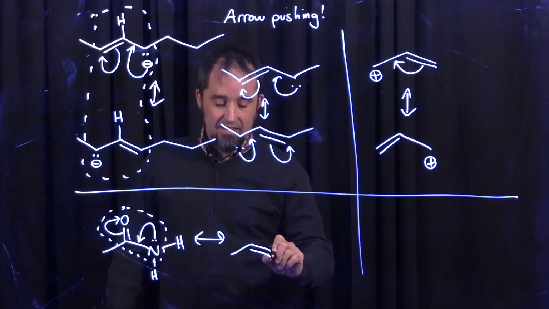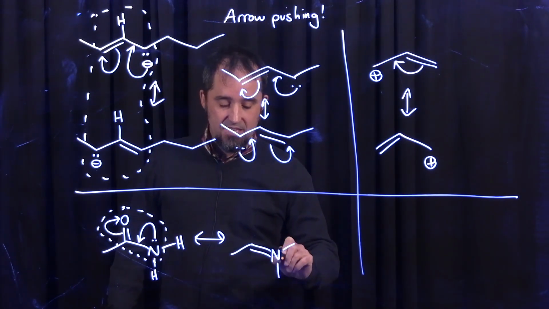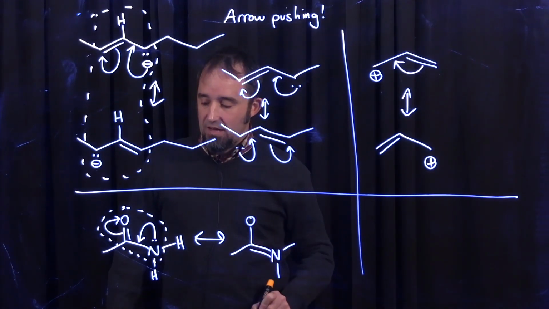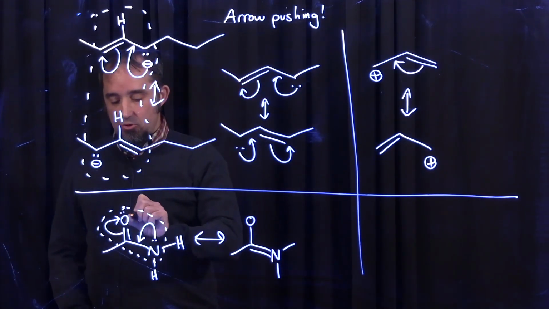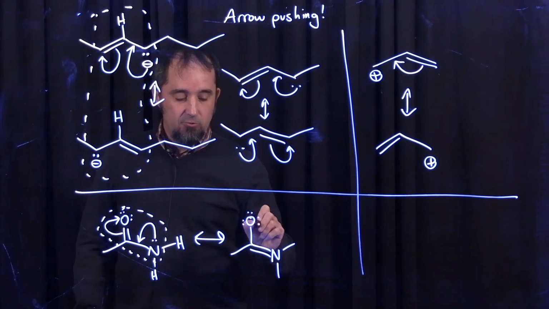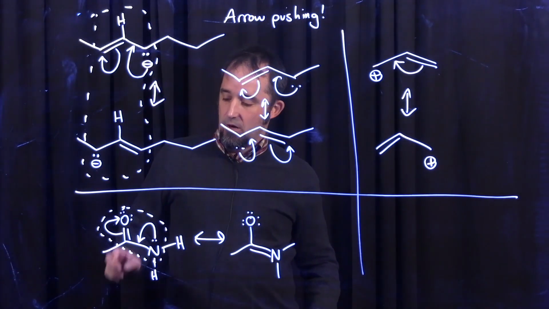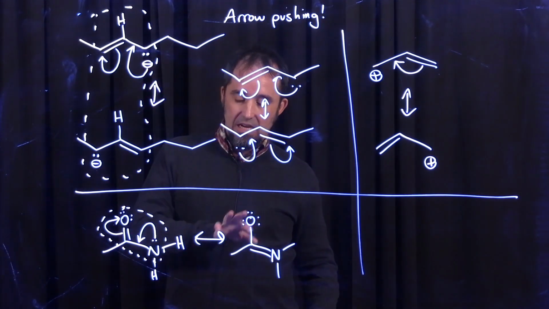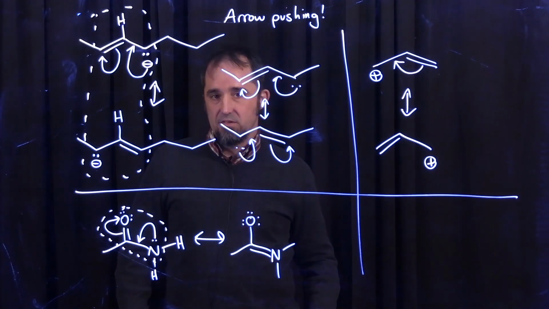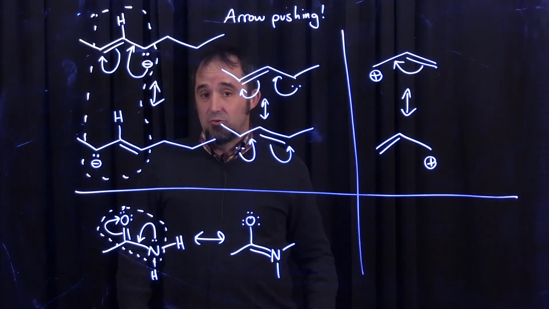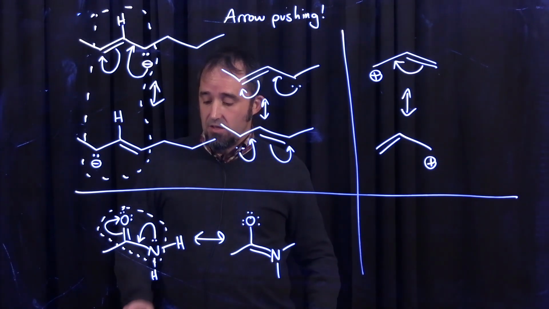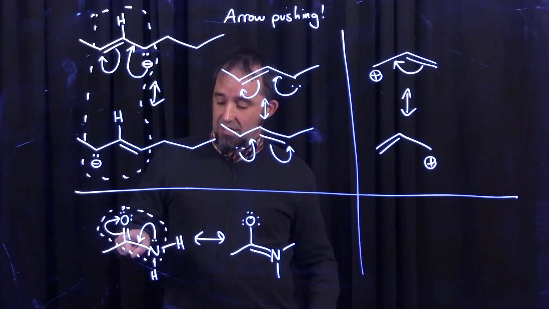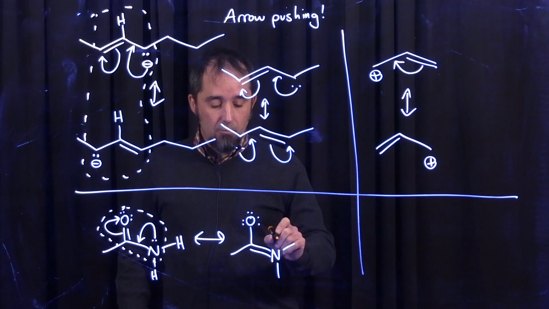So now I have a double bond between the C and the N. Single bond to oxygen. It had 2 lone pairs, now has 3. So here I had 2 lone pairs and 1 lone pair. Now I have 3 lone pairs and no lone pairs. But I also have charges that I need to deal with. This nitrogen is giving up electrons. It now has 4 bonds.